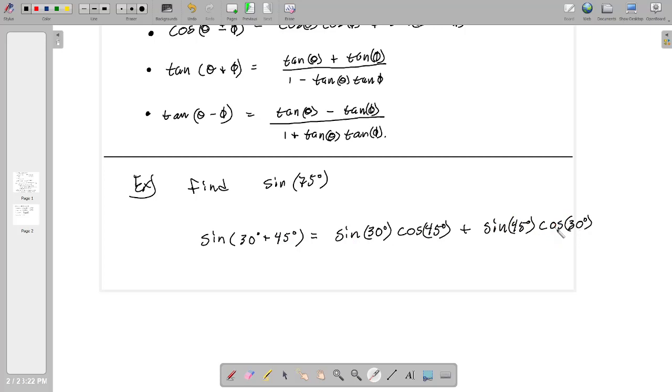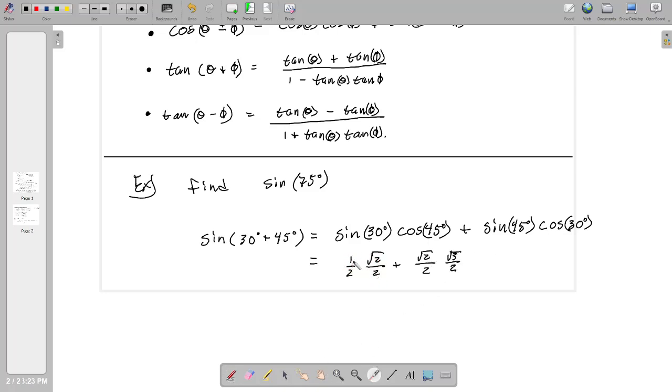It's just a habit. I think most students write their cosine first and their sine second. That's totally fine. We can multiply in either order. It doesn't matter. Now, sine of 30 degrees is, of course, 1/2. Cosine of 45 is root 2 over 2. Plus sine of 45 is root 2 over 2. And cosine of 30 is root 3 divided by 2.